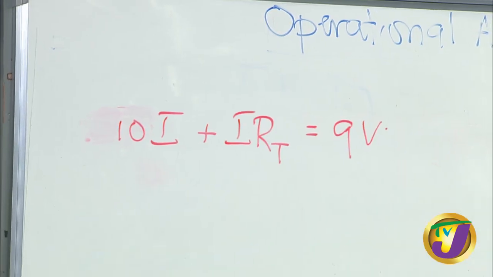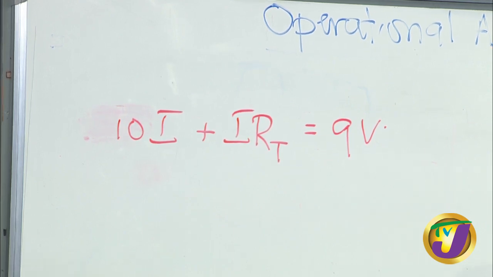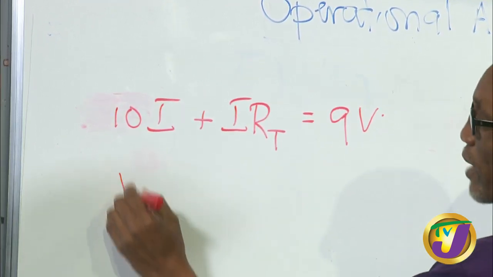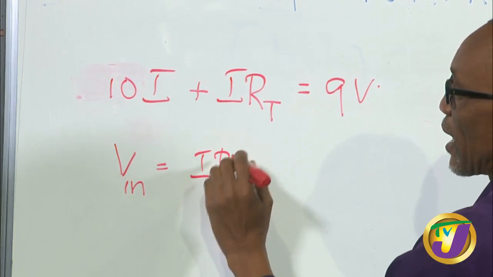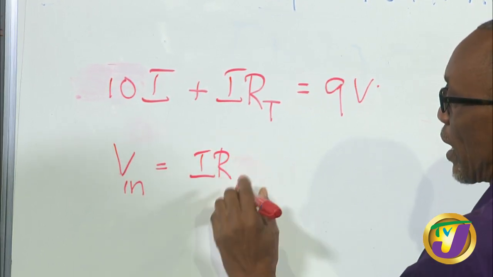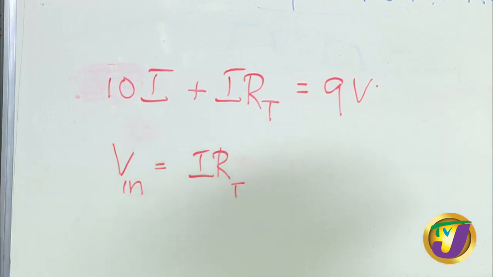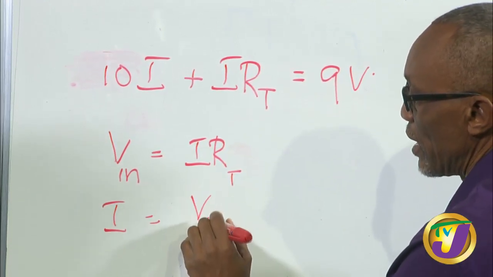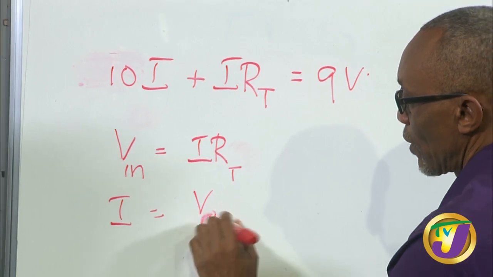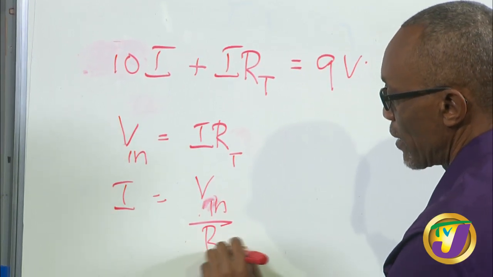Now, here we also know that V in is equal to I times RT, and so I would be equal to V in over RT.